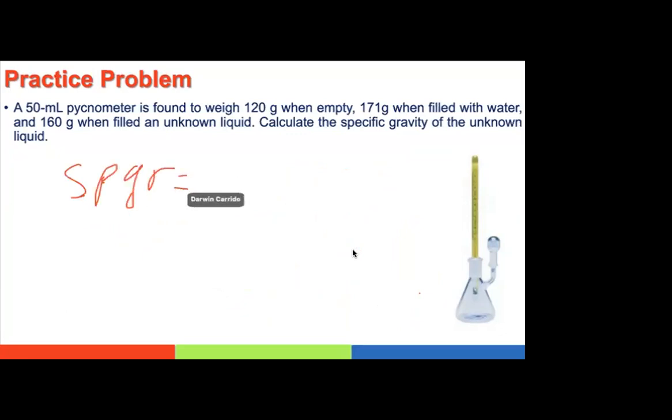You always go back to our formula, especially when there is a weight of the empty pycnometer. Always remember that this is just equal to the weight of the substance. What is the weight of the substance here? 160 grams. However, the weight of the pycnometer is included there.